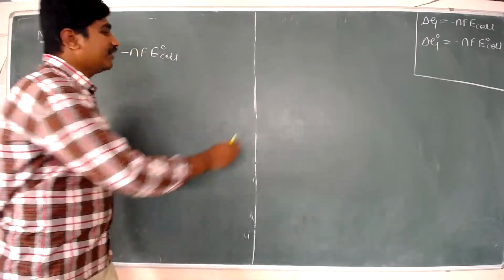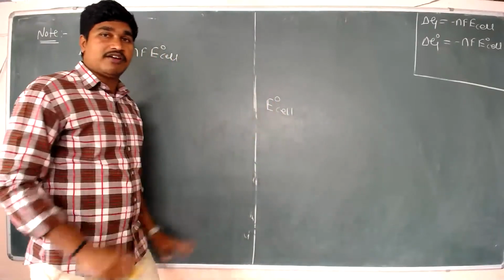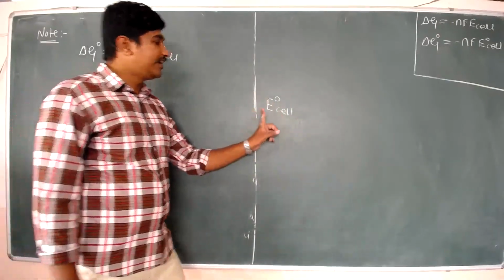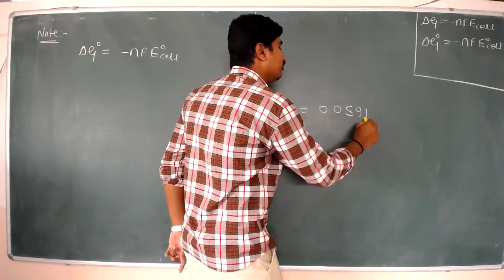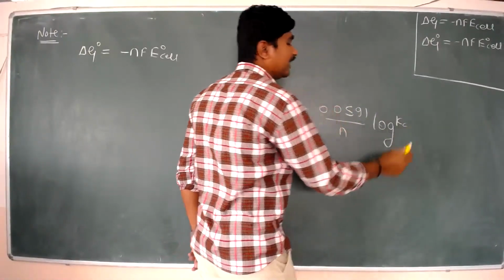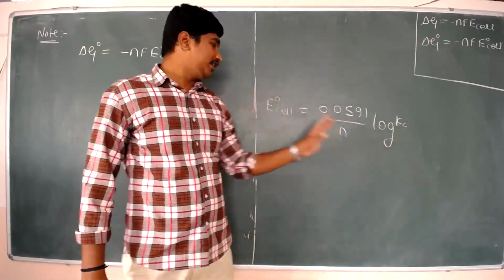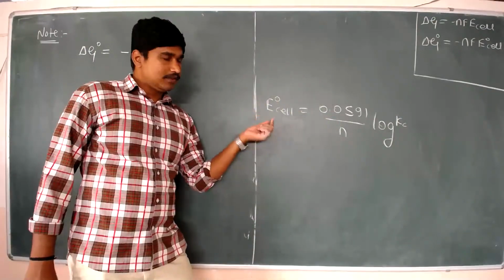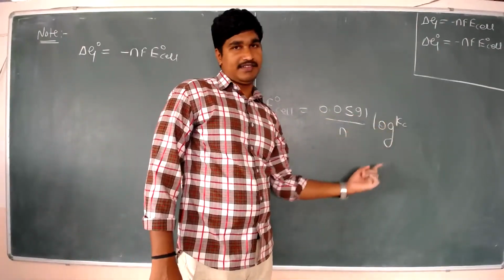Now, we have already seen that at equilibrium E naught of cell is equal to 0.0591 by n log Kc, in the last equation we derived. Kc is called the equilibrium constant.